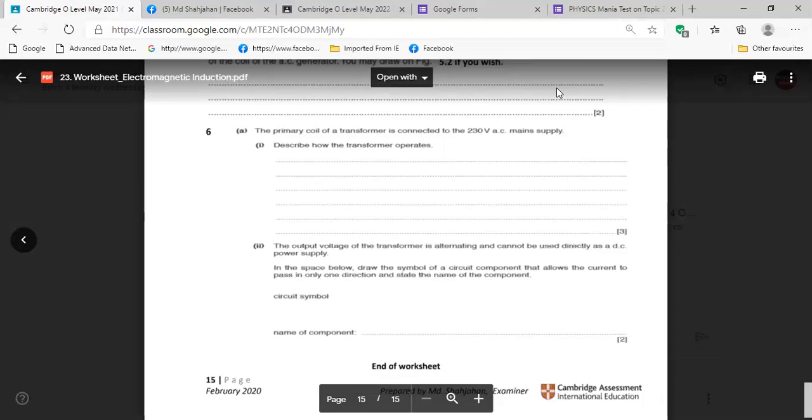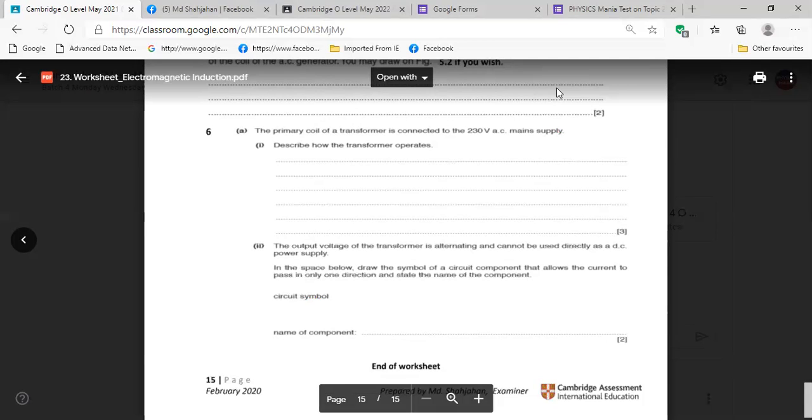What I wrote is that the primary coil is the one connected to the main supply. It forms a coil on one side of the iron core, which acts as a magnet. Due to the AC current, the poles of the iron core magnet keep changing, so the coil on the other side of the iron core cuts the moving magnetic field lines to produce induced EMF, which we use and call electricity.